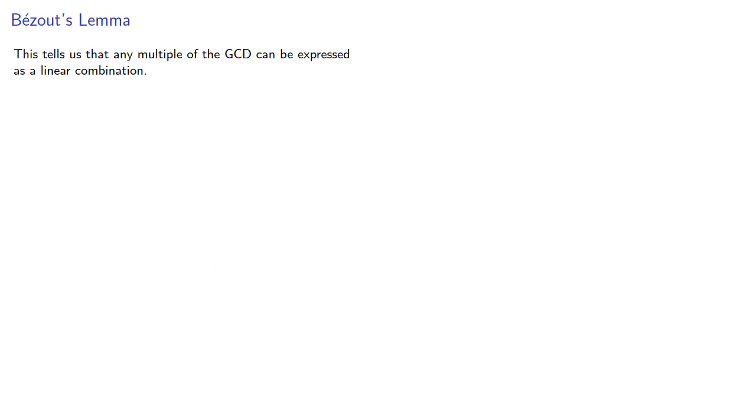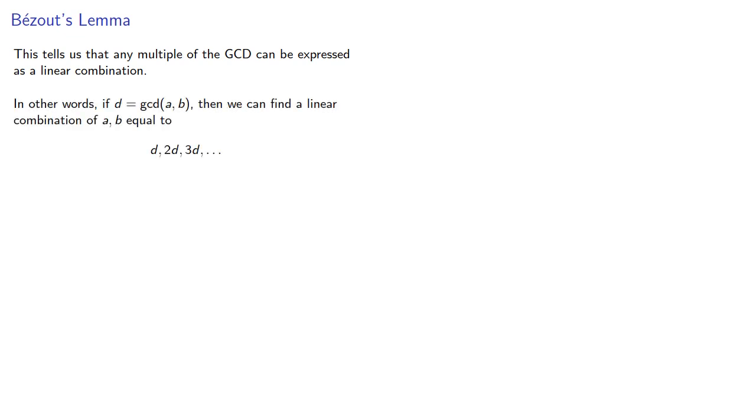This does tell us that any multiple of the greatest common divisor can be expressed as a linear combination. In other words, if d is the greatest common divisor, we can find a linear combination of a and b equal to d, 2d, 3d, and so on. Consequently, the least non-negative linear combination of a and b will be the greatest common divisor.